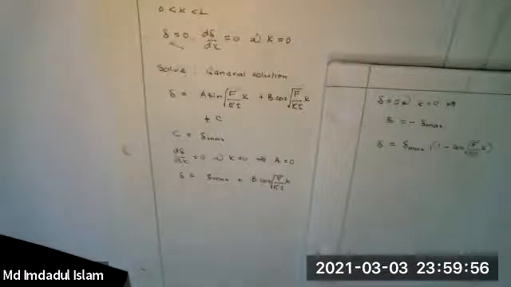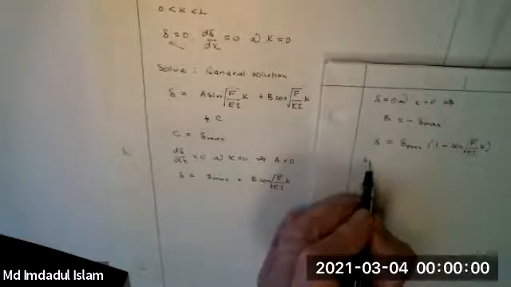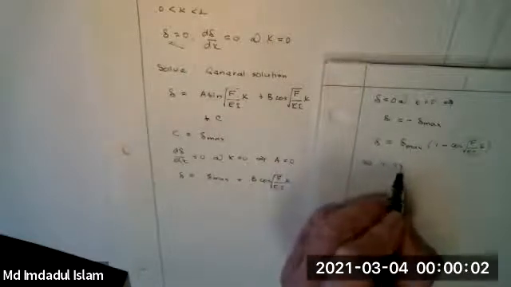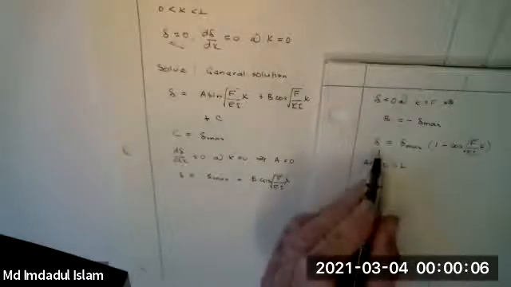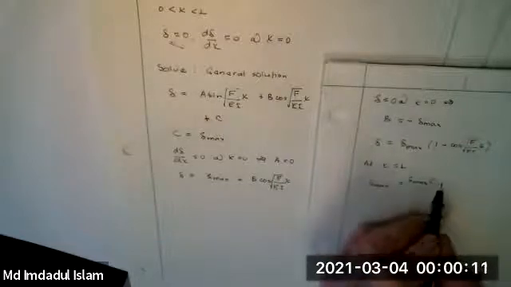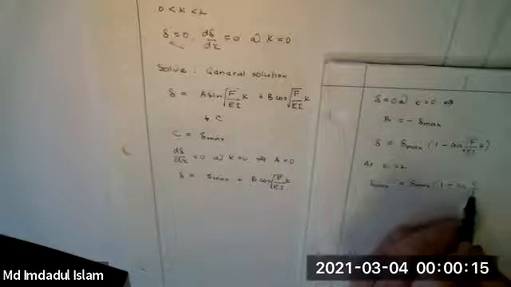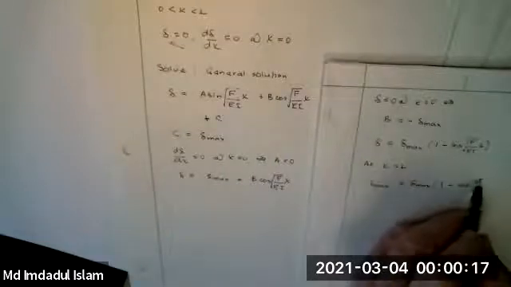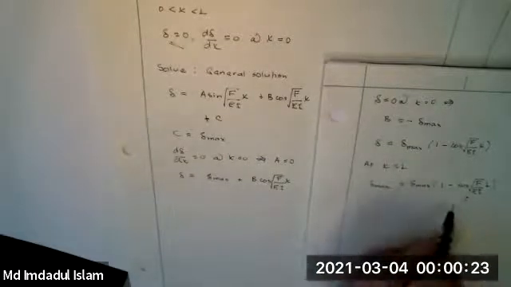Well, I don't know what delta max is, but what I do know is that at x equals L, delta will be delta max. For this to be true, this must be 0.